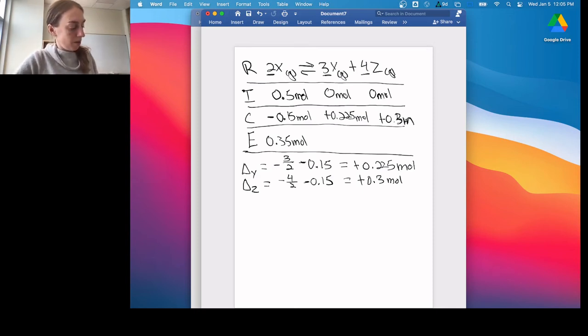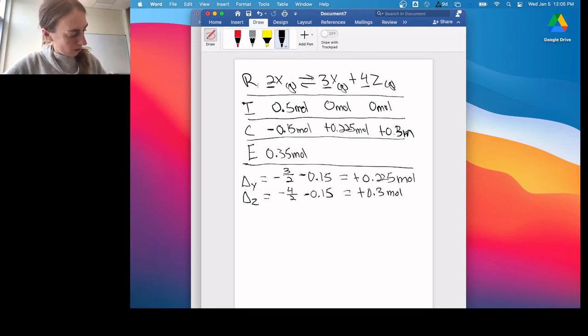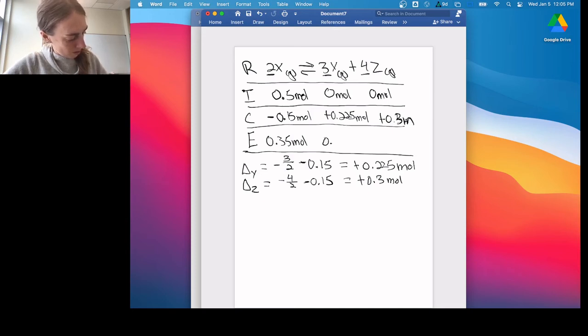And we can use this to fill in our equilibrium amounts of Y and Z. So 0 plus 0.225 is 0.225 moles. And 0 plus 0.3 is 0.3 moles.